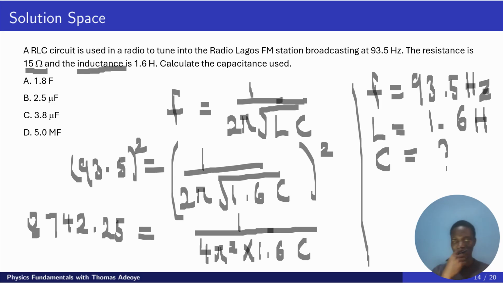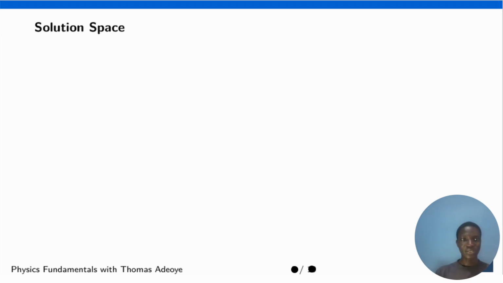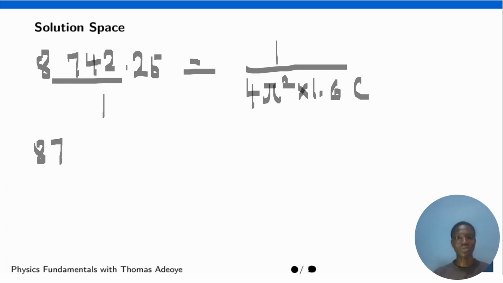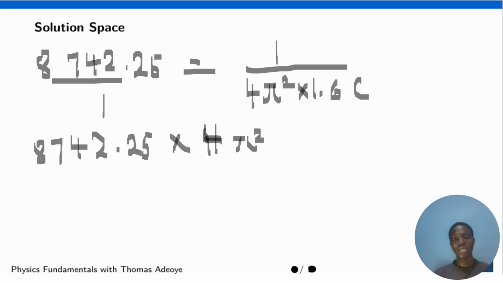If you do the needful now, we should get, let's move on to the next slide. So we have 8742.25 equals 1 over 4 pi squared times 1.6, then C. Now if you cross multiply, you get 8742.25 multiplied by 4 pi squared times 1.6, then C equals 1, because this will be 1 times 1.